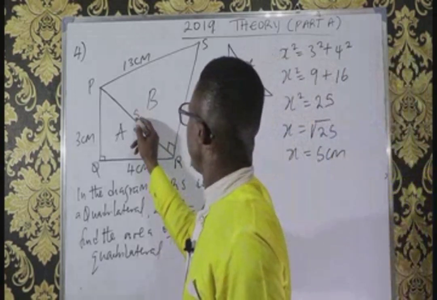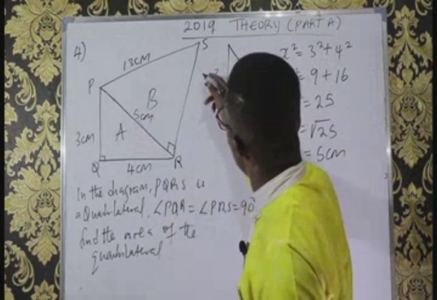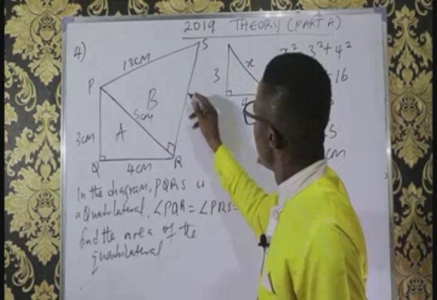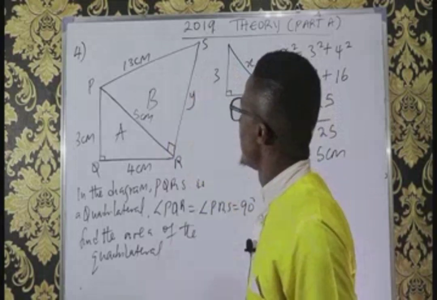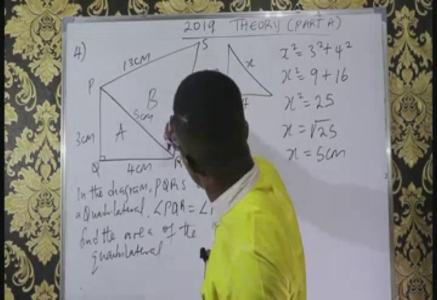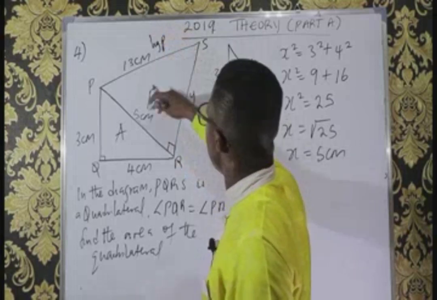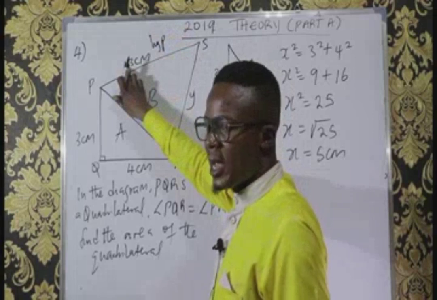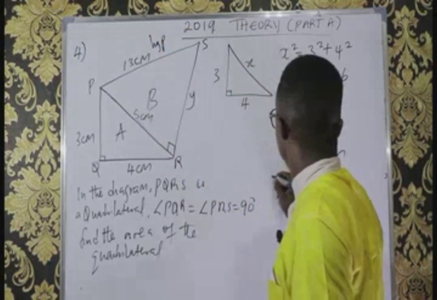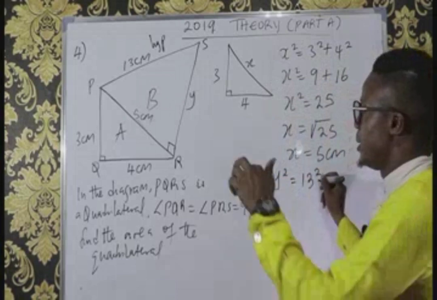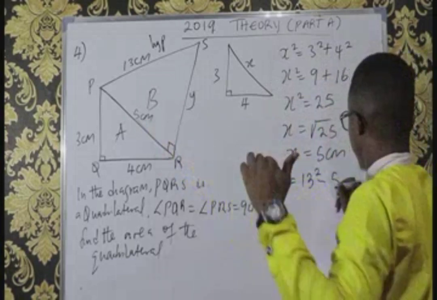X is 5 cm. I can equally get this particular side since this is a right angle triangle. So if here is y, for instance, this is the hypotenuse, because any side facing the right angle is the hypotenuse. So since I'm not looking for the hypotenuse, I have to subtract. You can now see that y squared is equal to 13 squared minus 5 squared.